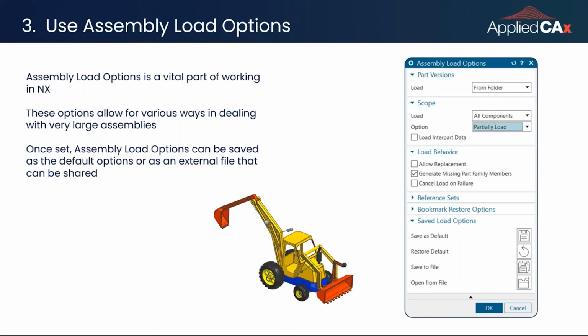Working with NX and not really understanding assembly load options can really make it troublesome. These options allow me to deal with really, really large assemblies. It also dictates how everything, as far as files and assemblies, is being treated. And once I've set all my assembly load options, I can save that file out as well.